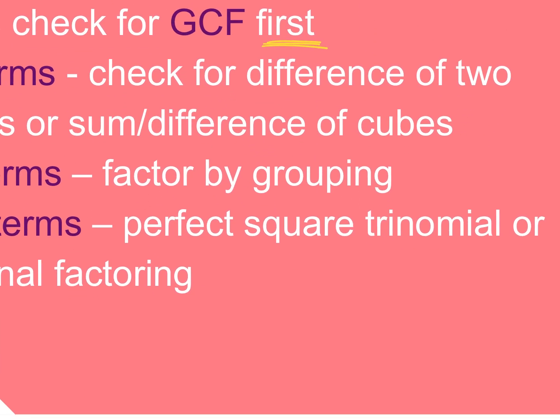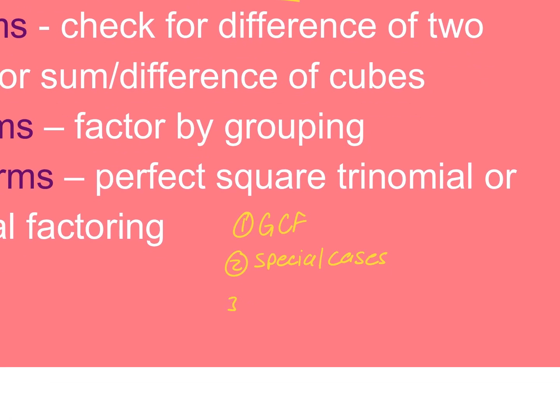Typically what I like to write, and what I've written a couple times in class, is: the first thing that you check for is the GCF. The second thing that you check for are your special cases. The third thing is any trinomials.